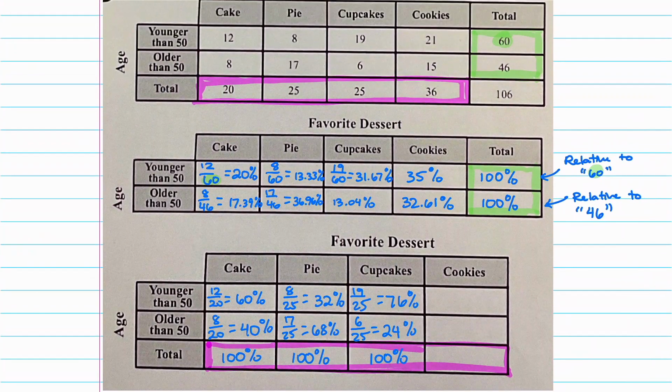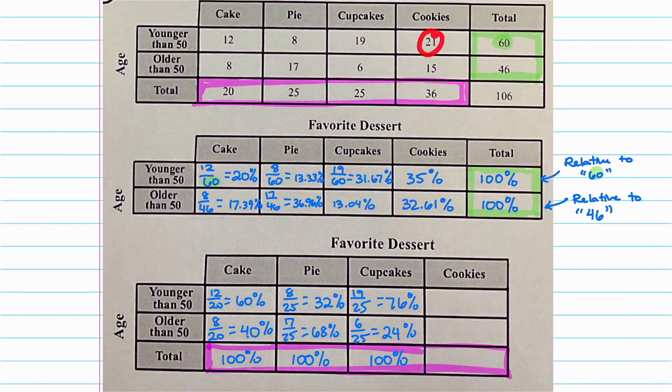And then for the last one, for the cookies, this is going to be 21 out of 36, which gives me 58.333%. We'll just use 2 decimal places. And then the last one is going to be 15 out of 36, which gives me 41.67%. If you add them up, you should get that 100% again.